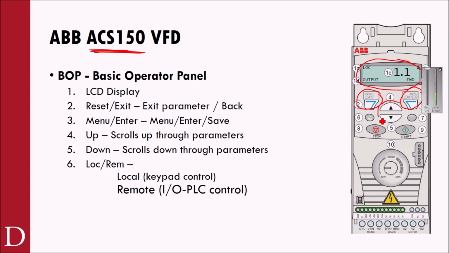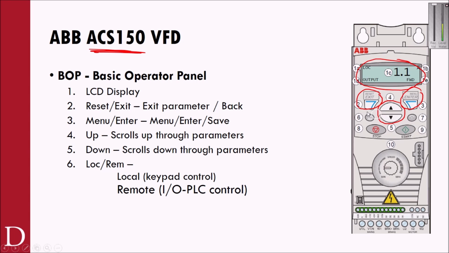When you go to program, the up and down cursors are where we're going to scroll through the different parameters, and hitting the enter button is what's going to allow you to drill into a parameter. It is worth noting on the ACS150, sometimes you have to hold down the enter button to actually change it. Just pressing the enter button will allow you to view the parameter, but you may have to hold the button to actually change the parameter. So just keep that in the back of your mind.